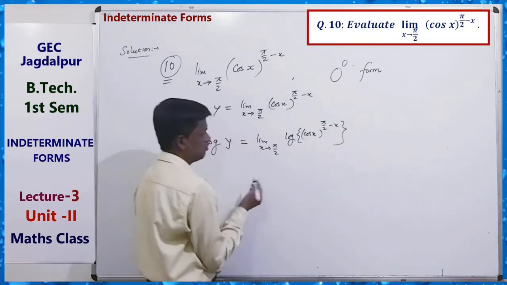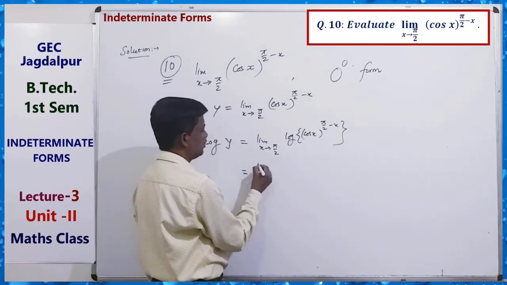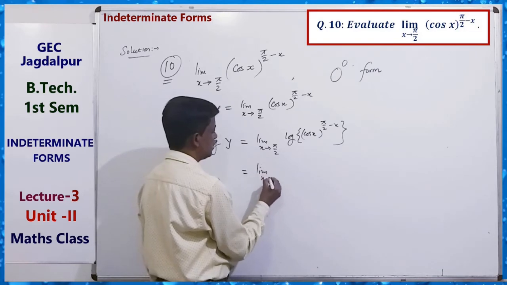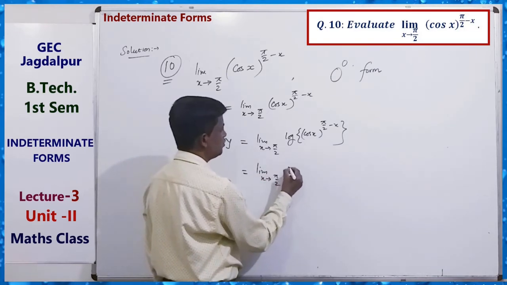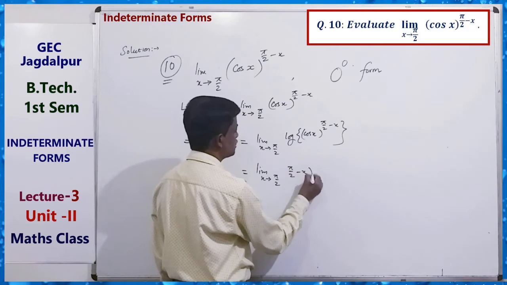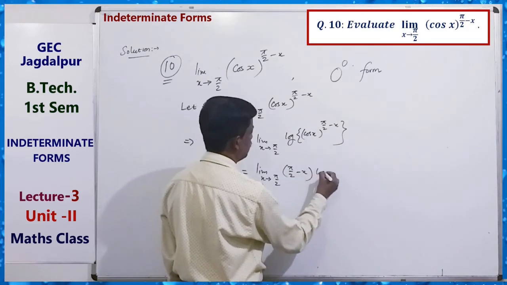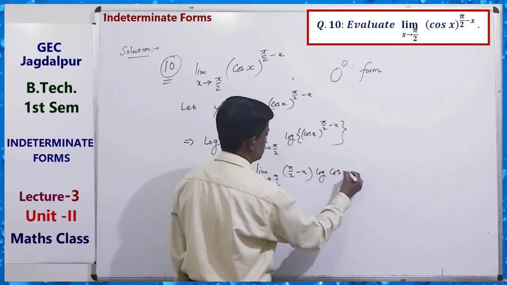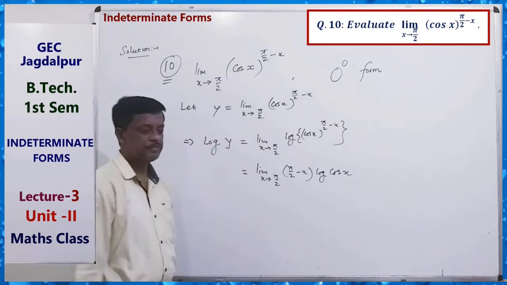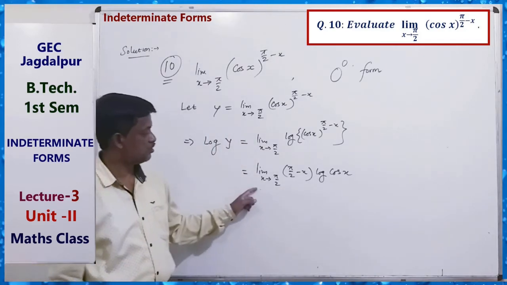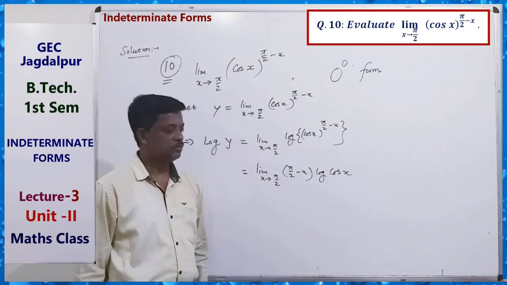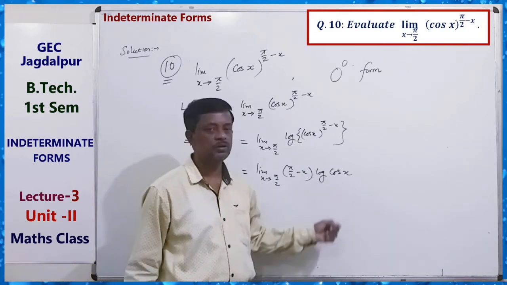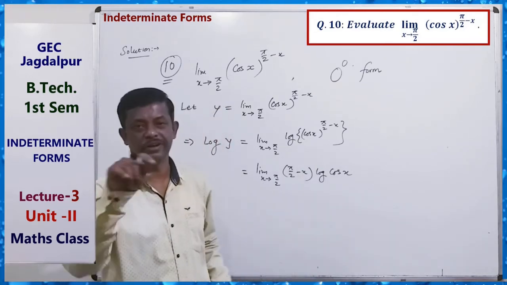Just use the rule of logarithm. Limit x tending to pi by 2 of pi by 2 minus x times log of cos x. Here we see that as x tends to pi by 2, the first factor is 0, and cos 90 is 0 so log 0 is infinity. It is 0 into infinity form.